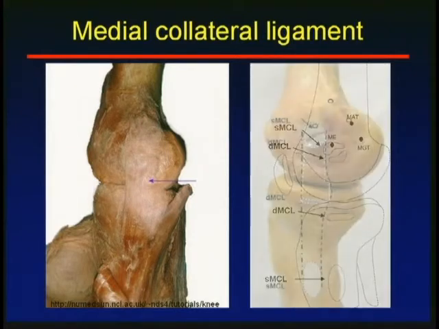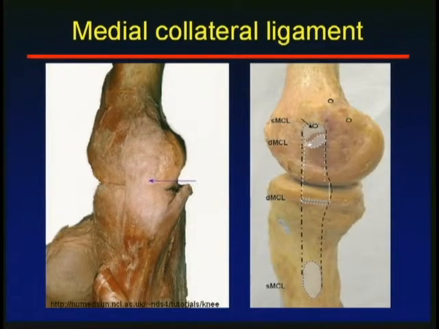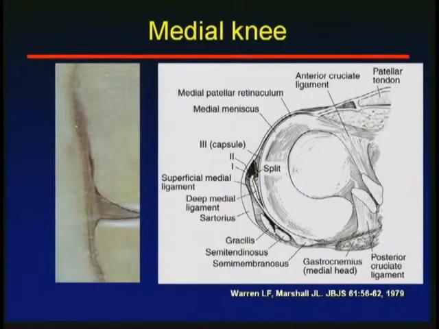The superficial ligament is longer than the deep ligaments, and we'll talk about the layers here, but as you look at it from the periphery, we're really looking at the superficial medial collateral ligament, running, as I mentioned, from that level of the physeal scar down several centimeters to the medial border of the tibia. In the late 70s, Warren did a detailed anatomy analysis of the medial side of the joint and introduced this concept of 3 layers.